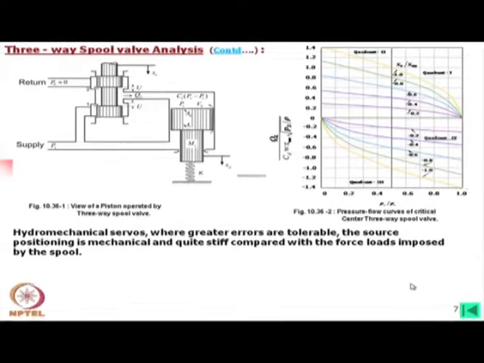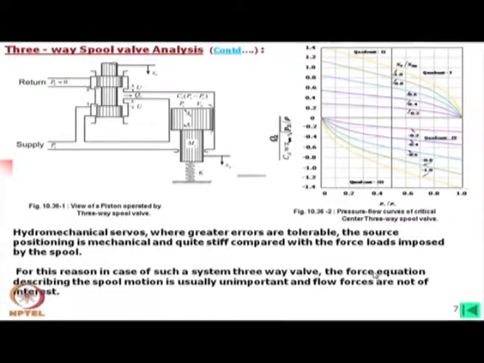Now, in hydromechanical servos where greater errors are tolerable, the source positioning is mechanical and quite steep compared with the force loads imposed by the spool. For this reason, in case of such a system with a three-way valve, the force equation describing spool motion is usually important and flow forces are not of interest.